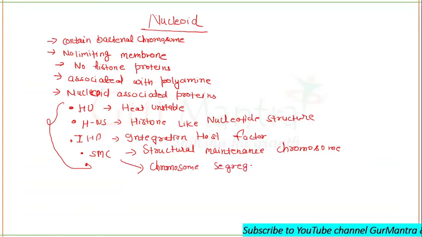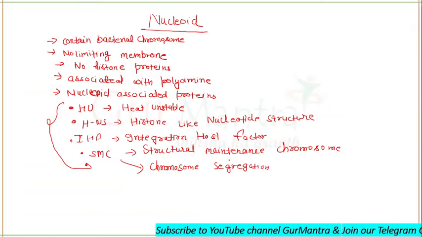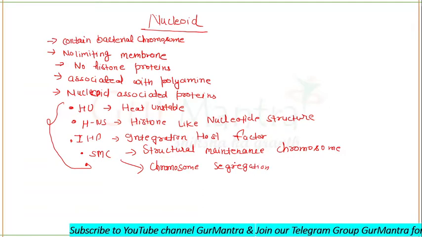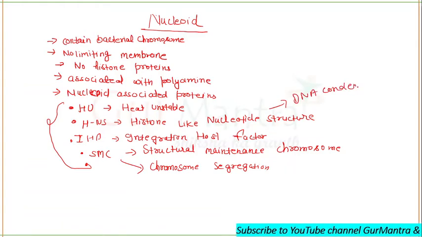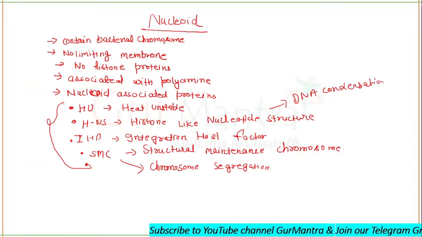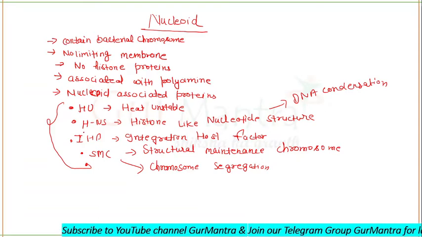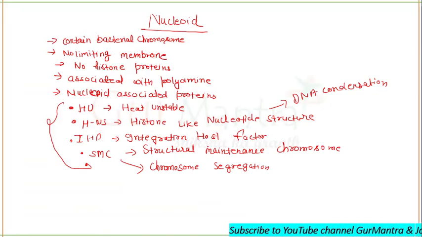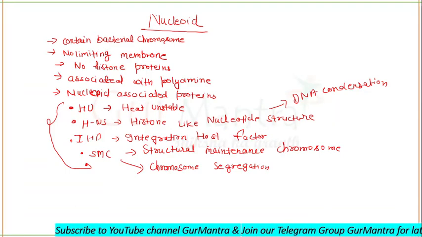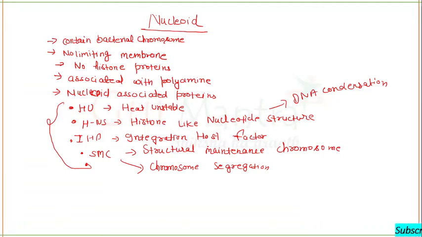The other one, H-NS, histone-like nucleoid structuring protein, is mainly involved in chromosome, or I can say DNA, condensation. And HU and IHF are involved in DNA bending. Do you understand the function of all these proteins? IHF is an example of a protein involved in bending of DNA.